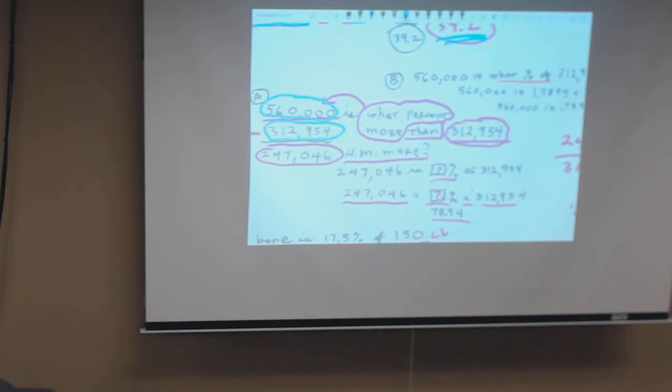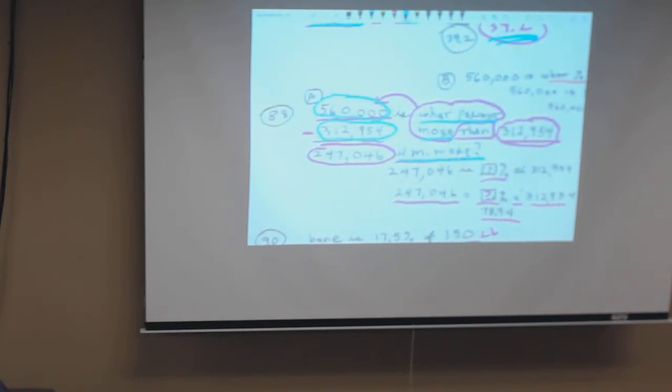What do they want to know? What percent more does the armor plated version cost? Now, I was always taught to do this. How much more is the armor plated version? So I subtract 312 from 560 and I get 247,000.